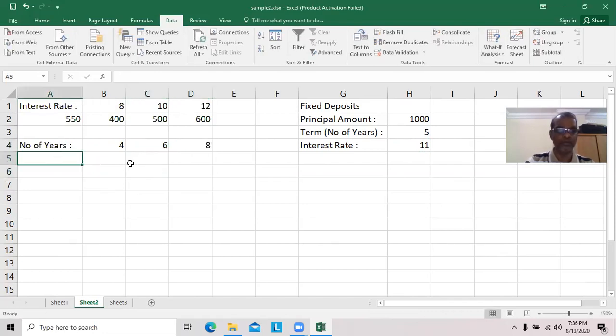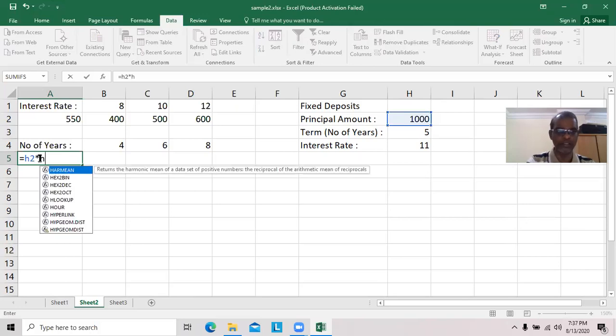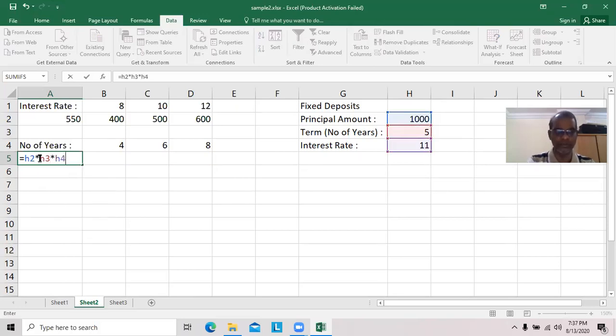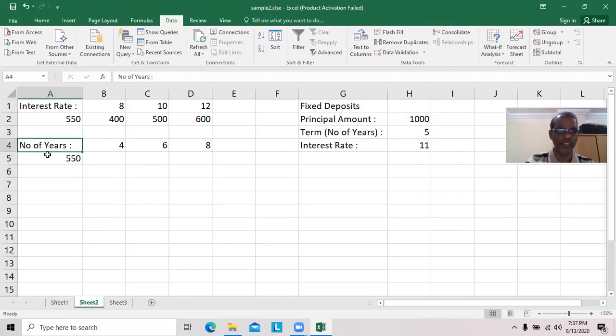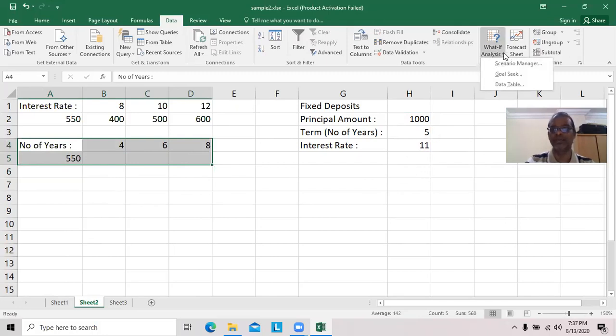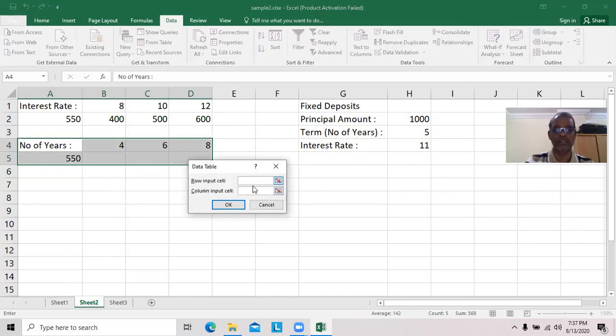Here we have to have one formula, same formula, equal to H2 multiplied by H3 multiplied by H4 divided by 100. Okay, now we have to select the range, same thing. Instead of selecting H4, now we have to select H3. Data table, here row input. Since values are placed row wise, H3.